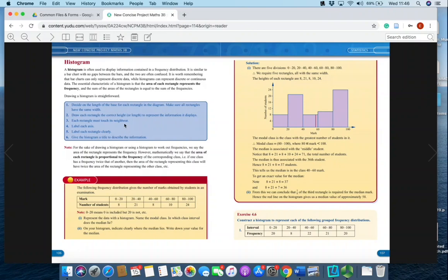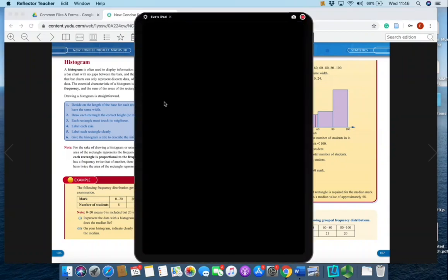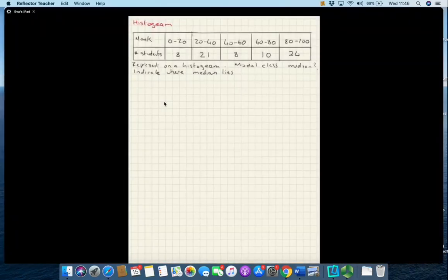Okay, so let me share the page with you. Represent the data on a histogram. So like I said, the top row goes on your x-axis. So I have to go 0 to 24.